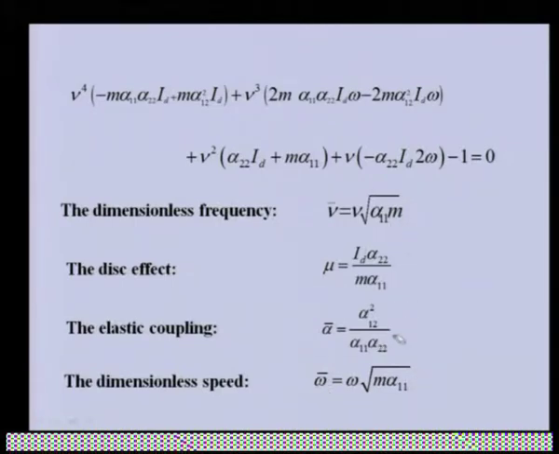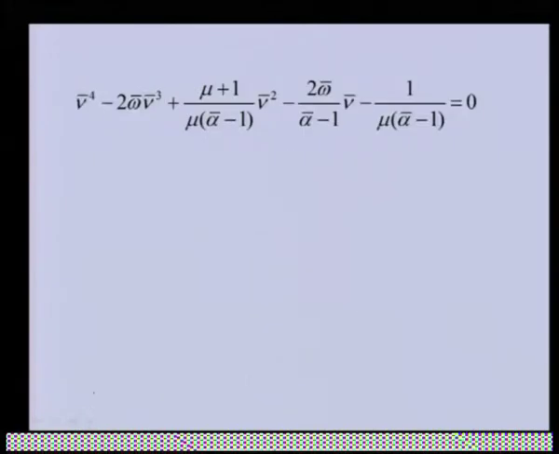So, if we use these dimensionless parameters, this frequency equation will become relatively simpler. Here, apart from nu bar, we have the spin speed parameter, the coupling parameter alpha bar, and the disk parameter. So, we can solve this and get 4 roots, but let us take some special cases in which we can simplify these expressions.